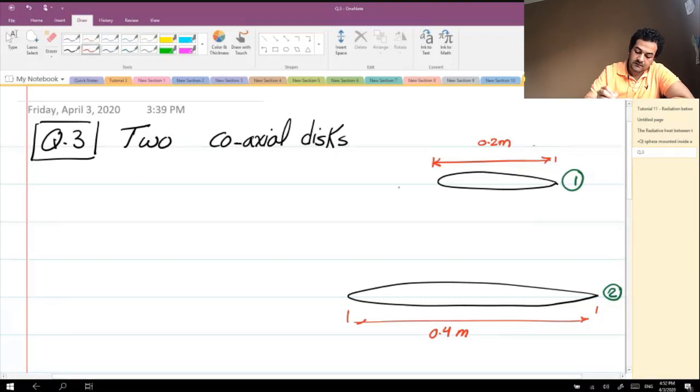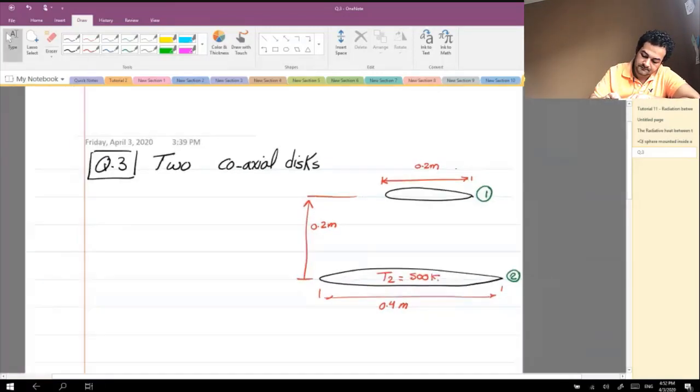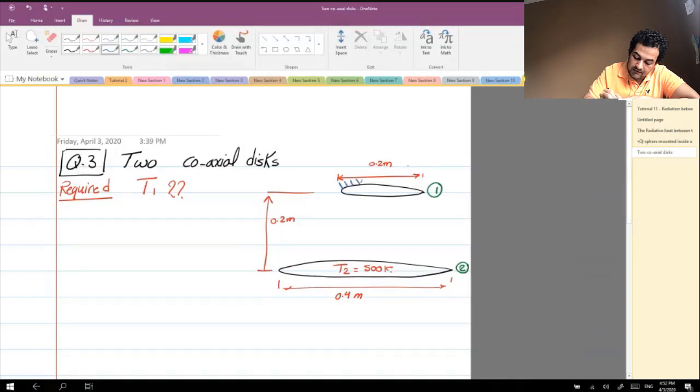So the distance given between the two surfaces was also 0.2 meters, and the problem said that surface number 2 has a temperature of 500 K and required T1. Also given in the problem is that surface number 1 has a heater mounted at the top side of it.